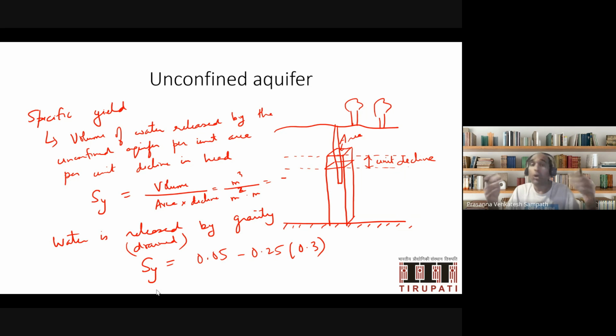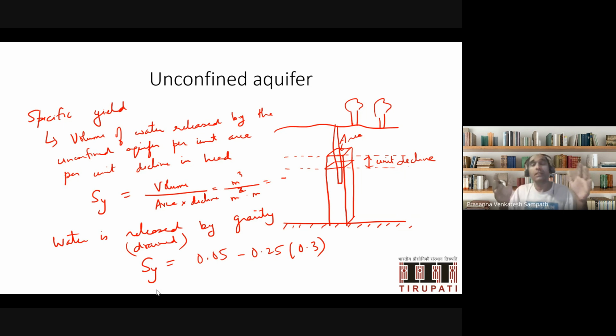Okay, but will all the water that is inside the sponge be released? No. The portion of the water that cannot be held back by the molecular forces of attraction between the sponge particles and the water molecules, that portion is released by gravity. The rest of the water that is being held back by molecular forces, which are strong enough to overcome gravity, will continue to remain in the sponge, right?